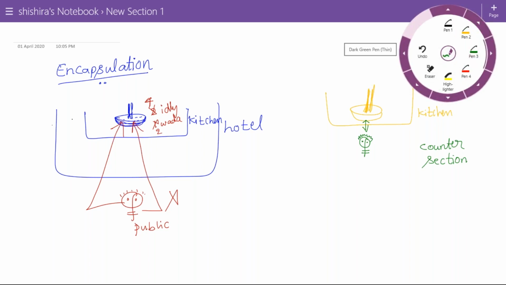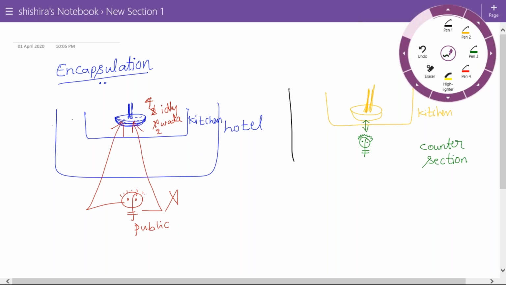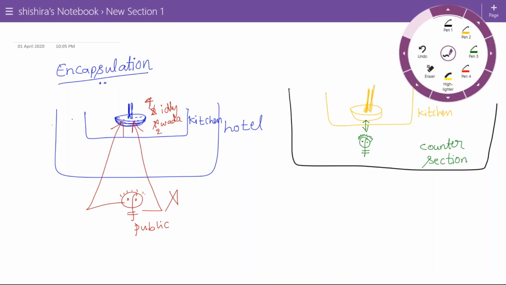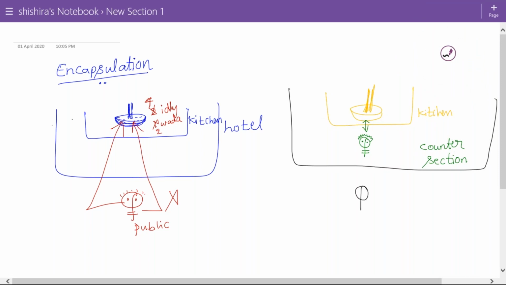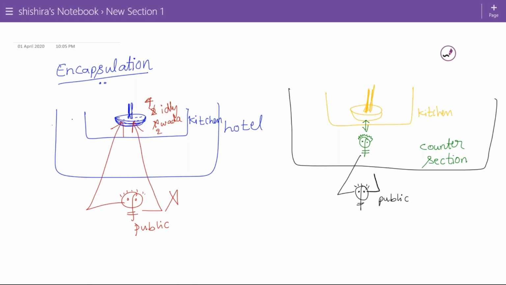Food is not given to outsiders, so outsiders cannot access it. Outsiders means the public. Any public, if you want, you have access only to this person, but you don't have access to the kitchen and the food. The food which is present in the kitchen cannot be accessed by any public.